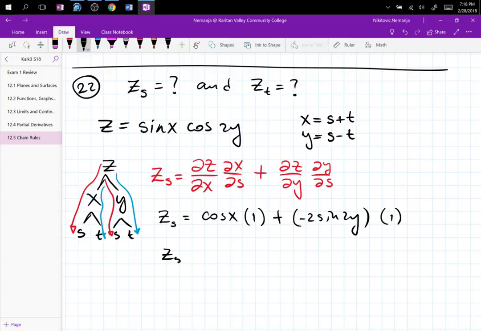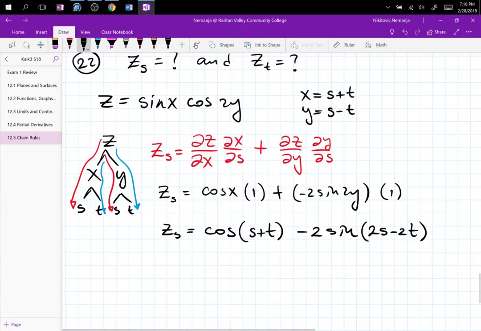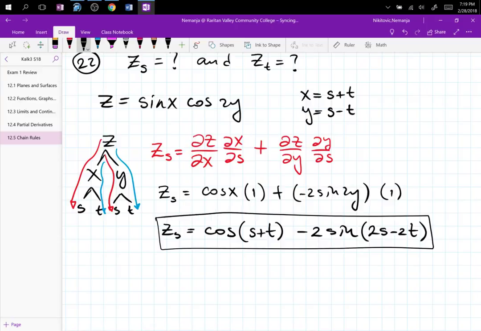So what's zs? It is cosine, now instead of x I have to write s plus t, and then minus 2 sine, and I have 2 times y, so 2s minus 2t. And this would be the answer for zs because there's nothing else we can simplify here.